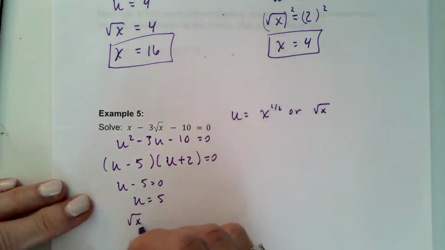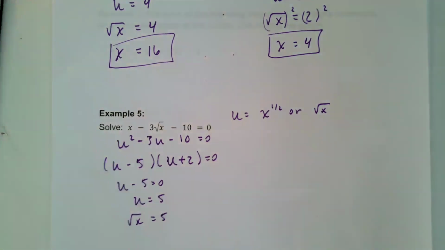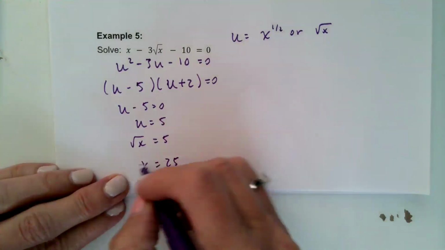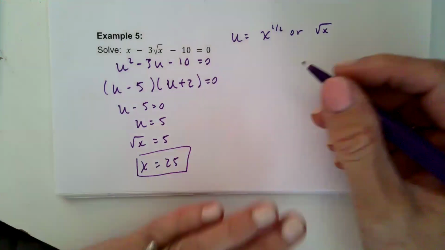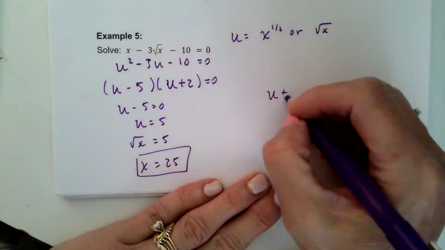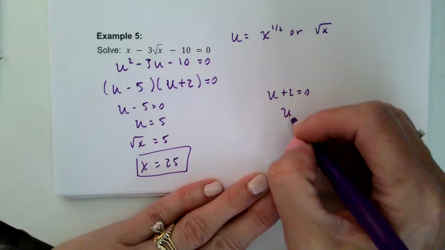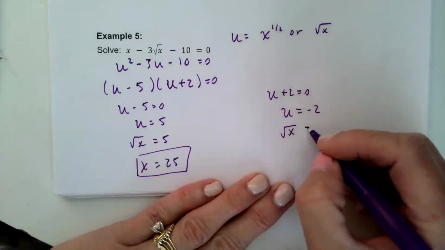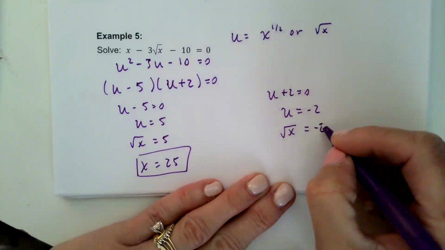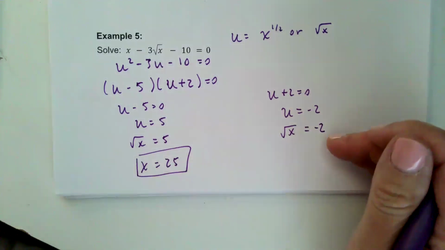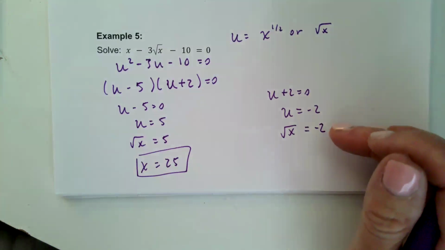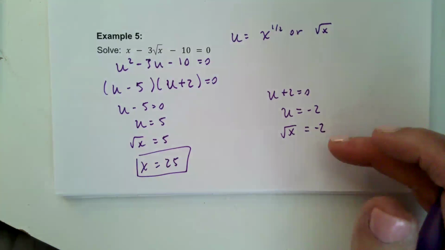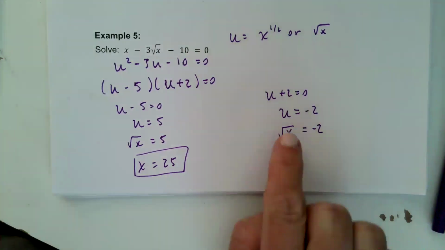So the square root of x equals 5, and if we square both sides, then x must be 25. And then we have u plus 2 equals 0, so u equals negative 2. So when does the square root of x equal a negative 2? It would have to be imaginary. So that one's a possibility of not working.